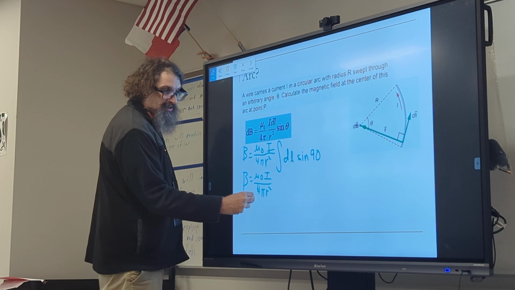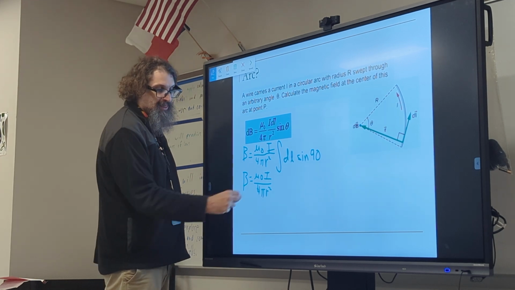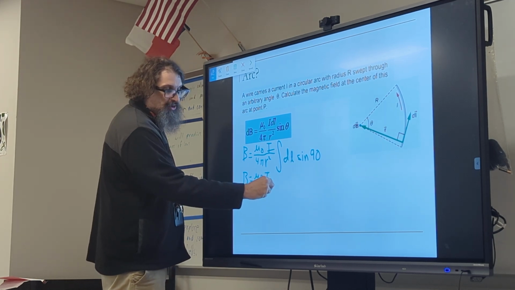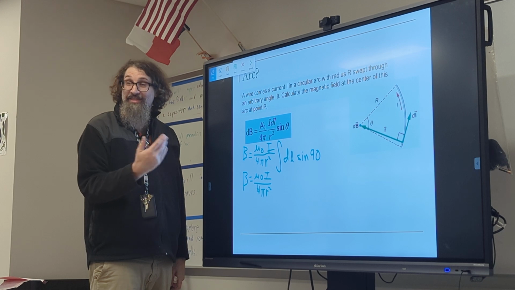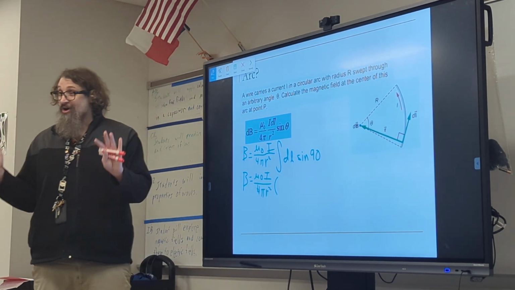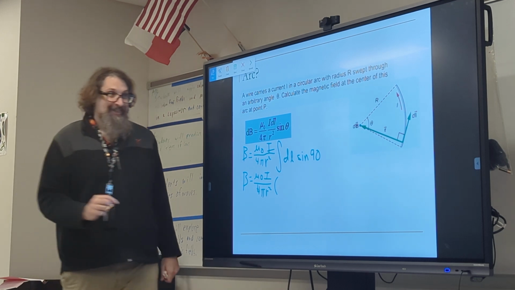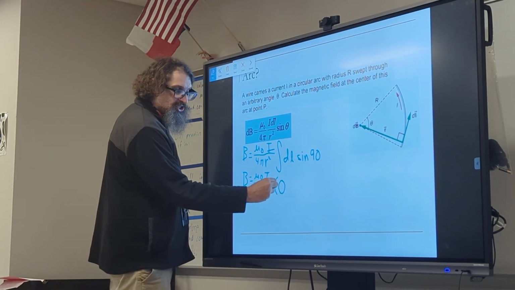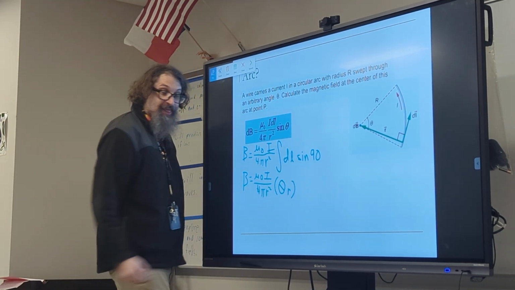So what we're doing is adding the length of this wire. Hopefully we remember how arc lengths work, and you'll agree that this is just theta times r.